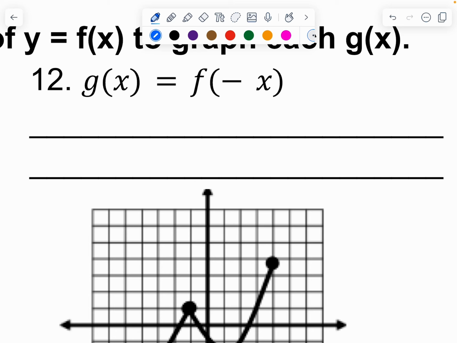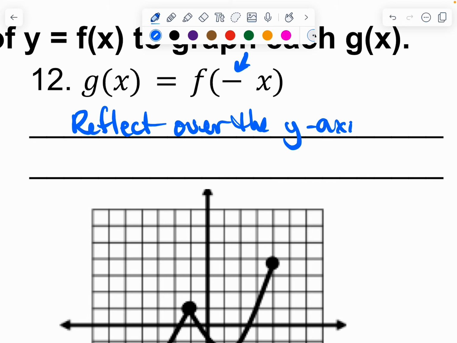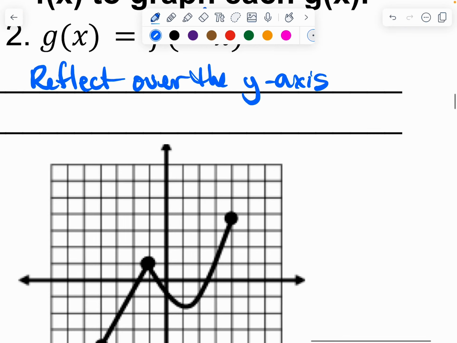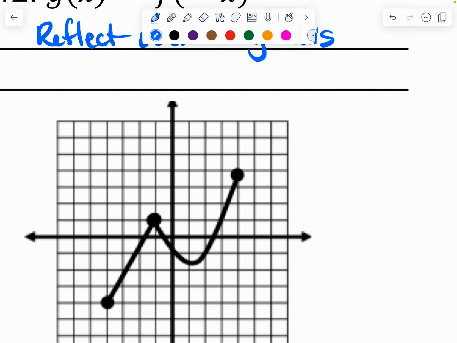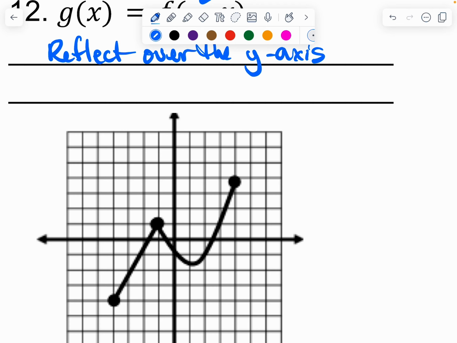Okay, all sorts of stuff today. So this is, I'm going to reflect over the y-axis. So all I'm going to do is move from one side to the other. So this I go over 1, 2, 3, 4. 1, 2, 3, 4. I go over 1, 2. Oh, I go over 1 and 1.